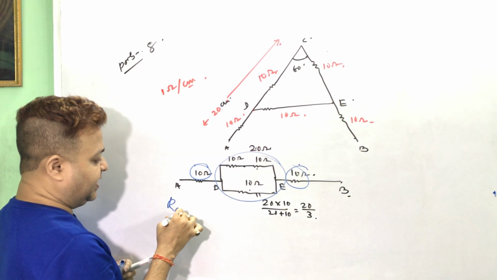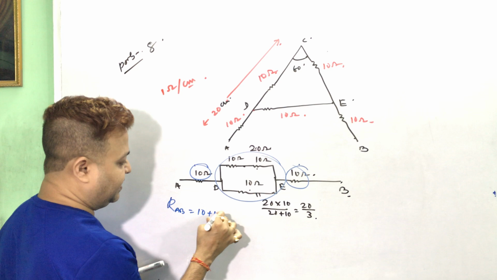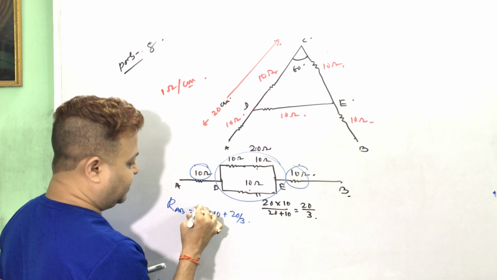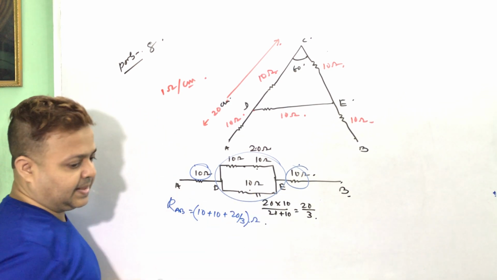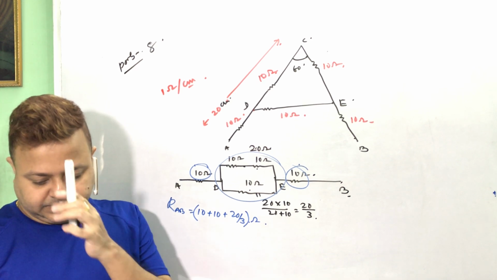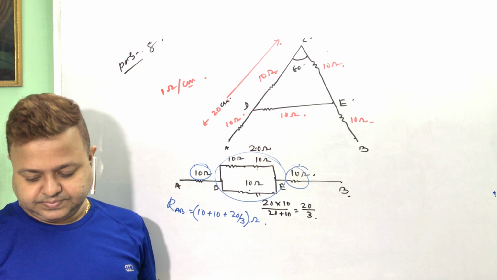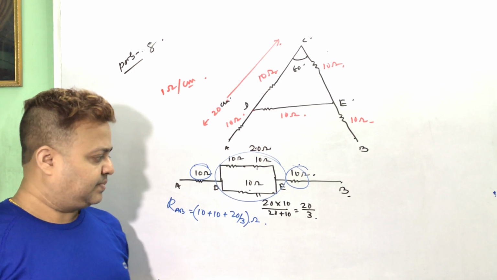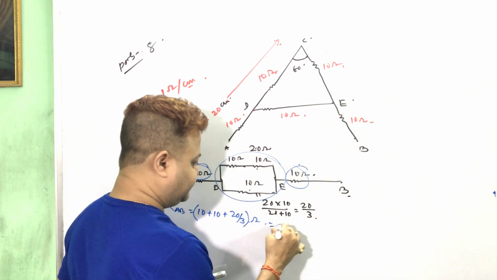So R equivalent is equal to 10 plus 10 plus 20 by 3 ohm, which comes to 80 by 3 ohm.